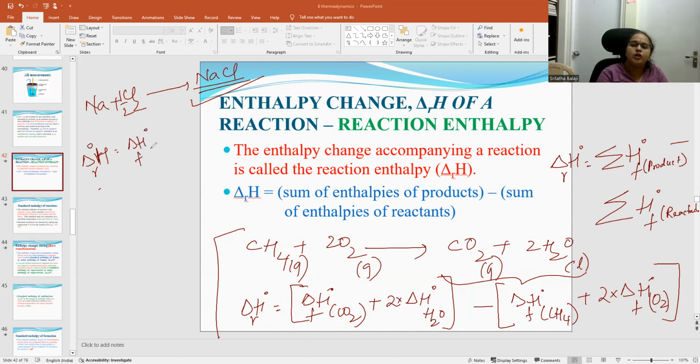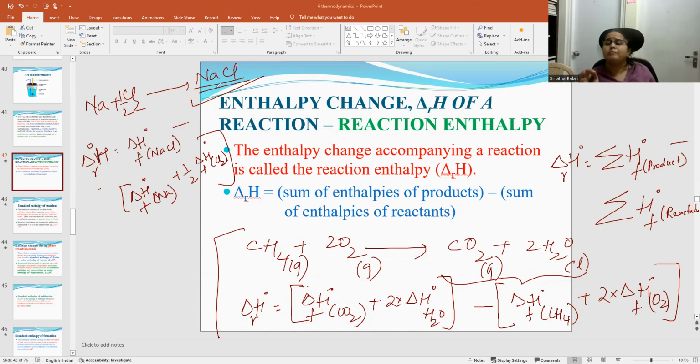Enthalpy of formation of NaCl, the product, minus enthalpy of formation of Na plus half times enthalpy of formation of Cl. Am I right? Are you able to get this? Now, enthalpies can be measured using a calorimeter. You must have done this in physics.